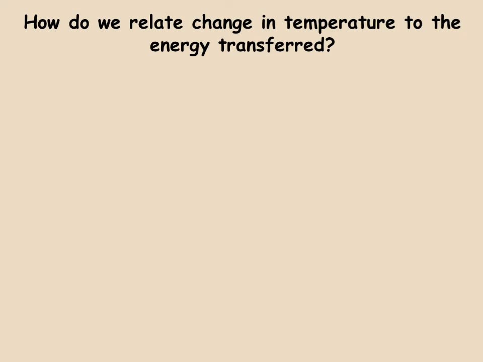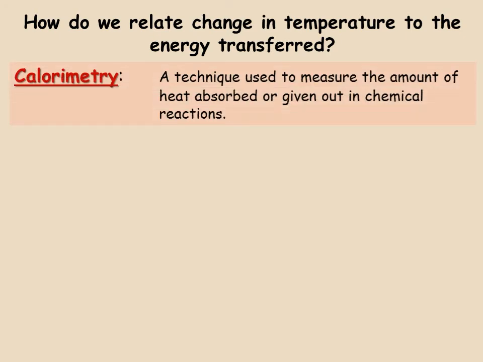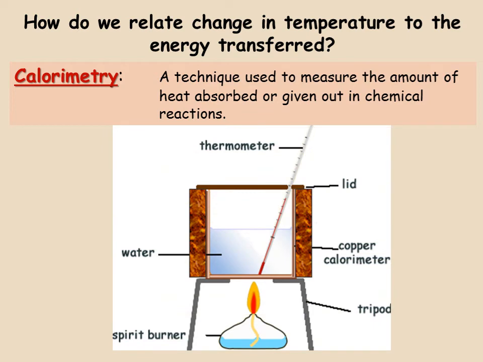Now, how do we relate change in temperature to the energy transfer? Let's look at this. We are using calorimetry. It is a process in which we measure the amount of heat absorbed or given out in chemical reactions. For this we need a medium. Look at this calorimetry.